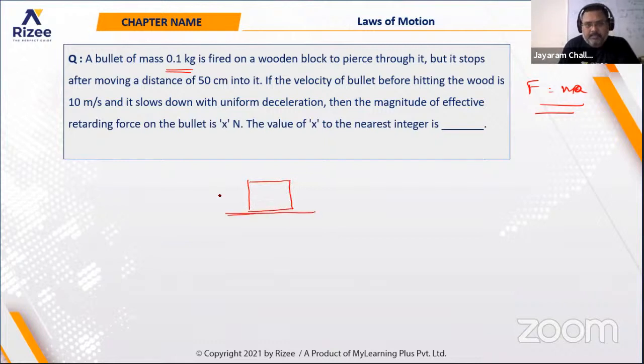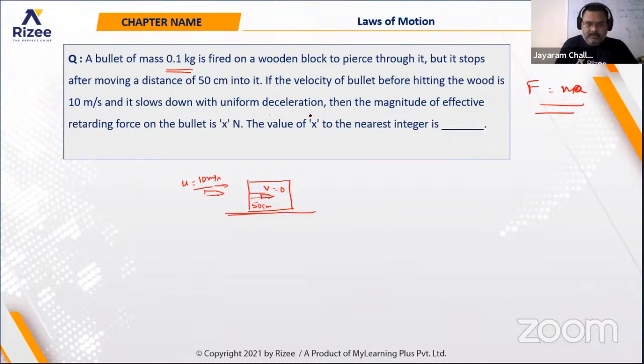Now a bullet is fired into this wooden block, but it stops after moving a distance of 50 centimeters. The bullet pierces in and travels some 50 centimeters, and here the bullet has stopped. If the velocity of the bullet before hitting the wood is u equal to 10 meters per second, the final velocity v is equal to 0.